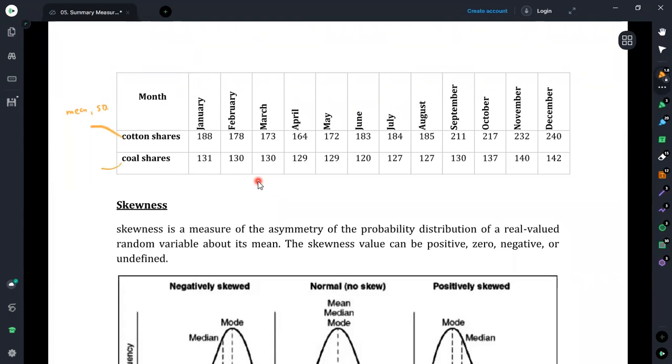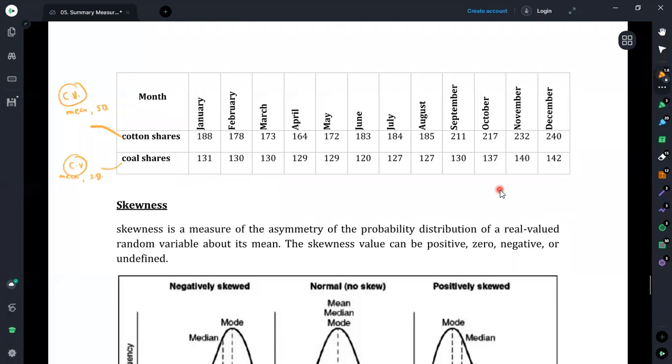For the coal shares also we have to find the mean value and the sample standard deviation separately, and accordingly we have to obtain the coefficient of variation for cotton shares as well as for coal shares. Therefore, you can try this exercise by yourselves. Since the data is provided, you can use the method which I have explained previously.